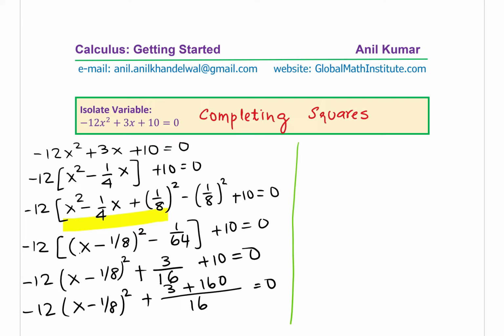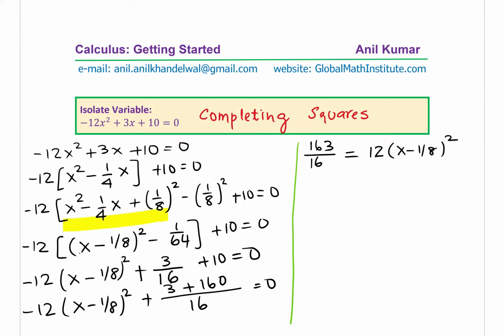We can now write 3 plus 160 is 163, right? So 163 divided by 16 is equal to, we can take the term minus 12 on the right side, so it becomes 12 times x minus 1 over 8 whole square.